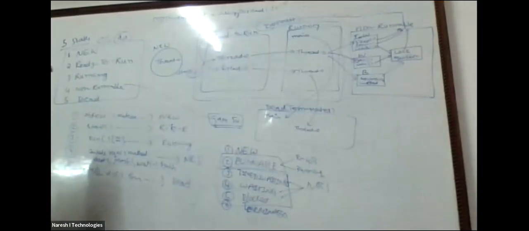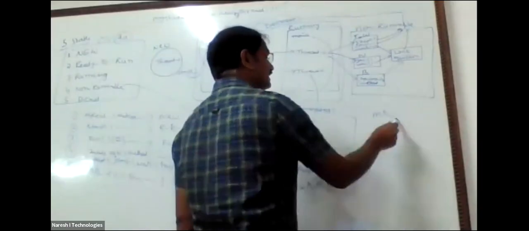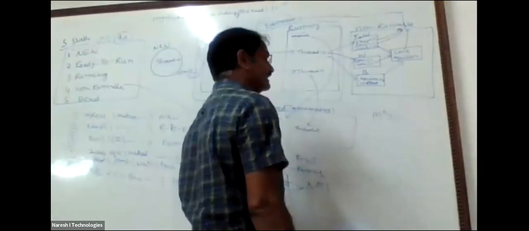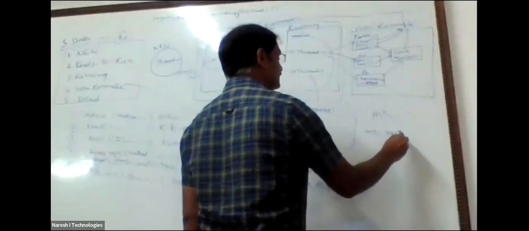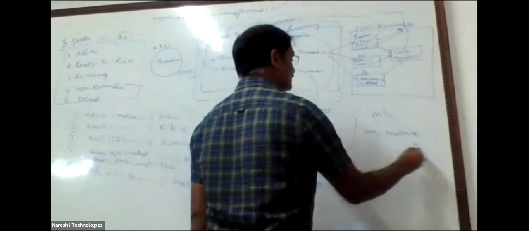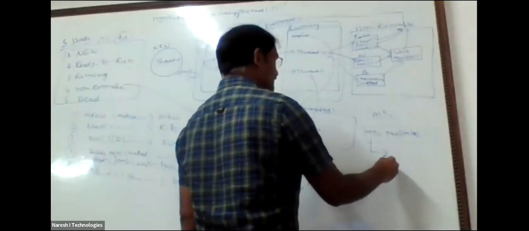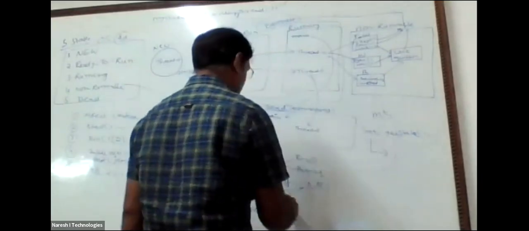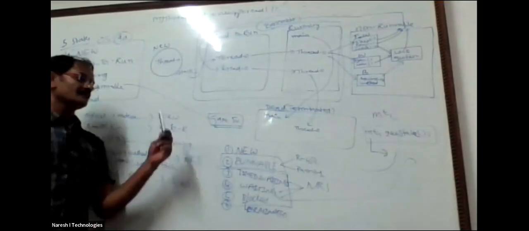Now the question, sir: when my thread object mt1 is created, I want to know in which state my thread is available. Then there is a predefined method provided in Java called what? getState. What is the method name? getState. You call the getState method using the thread object, and it returns any one of these state names based on the thread. If I call mt1.getState immediately after the object is created, which state name will we get? New.